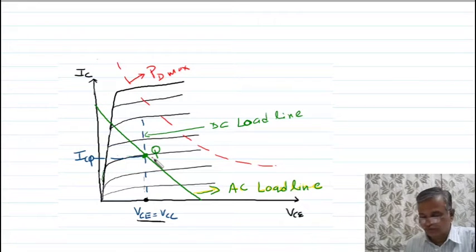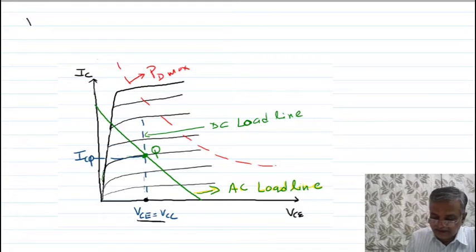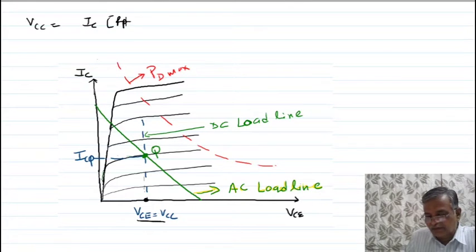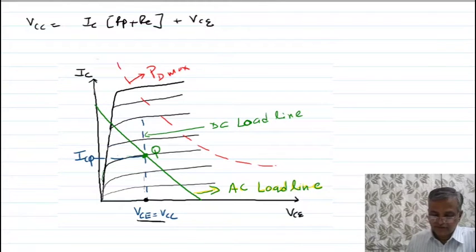I am telling you a second time. You know your equation, I can again write VCC is equal to collector current into RP plus RE plus VC. I am taking two points. When IC is 0, then VC is equal to VCC, that I have plotted here.